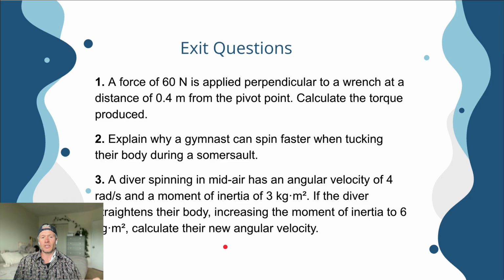Okay. For question two, explain why a gymnast can spin faster when tucking their body during a somersault. Well, again, we think back to our conservation of angular momentum, or capital L. We have our moment of inertia, which is the breakdown of our mass times our R value squared. So typically gymnasts will start at a standing position, and then when they go into a somersault, that's a tuck position.